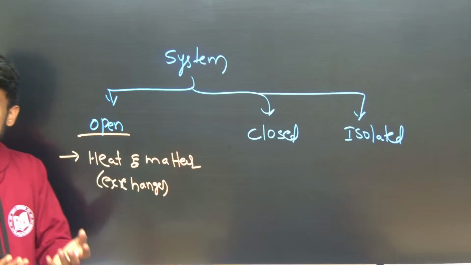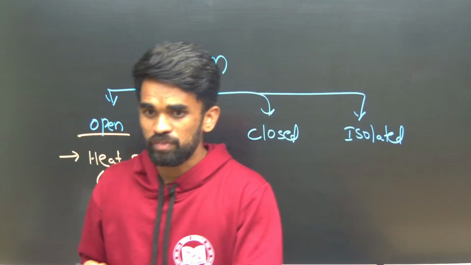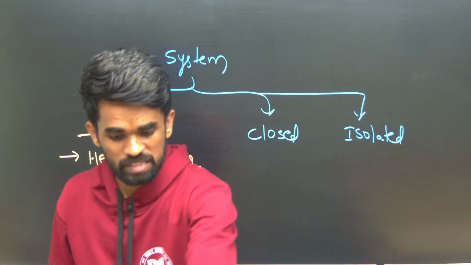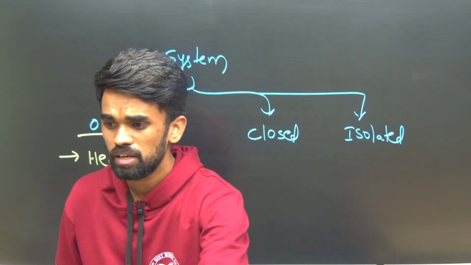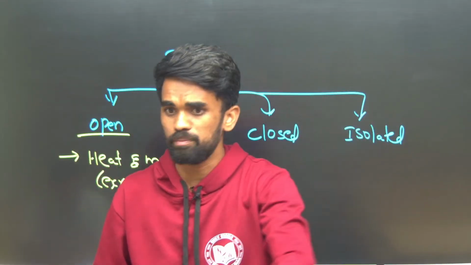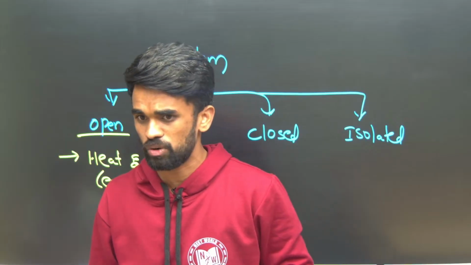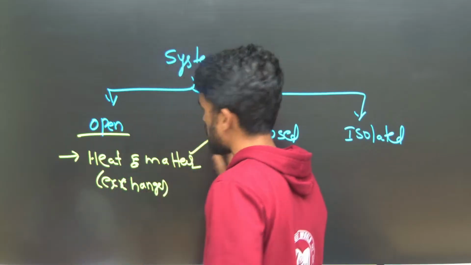Give one simple example, like a cup of tea kept over here. Some part of that heat is going out. Matter can also be exchanged, the liquid with the surroundings. Yes or no? So that can be considered as an open system.